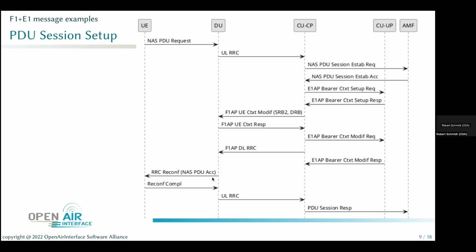It will forward this to the UE, and then the UE just says that this has been done. At the end, the CUCP also forwards this response to the AMF, and then finally the UE has IP connectivity, can exchange data, and so on. So also here, in the end, not too complicated.